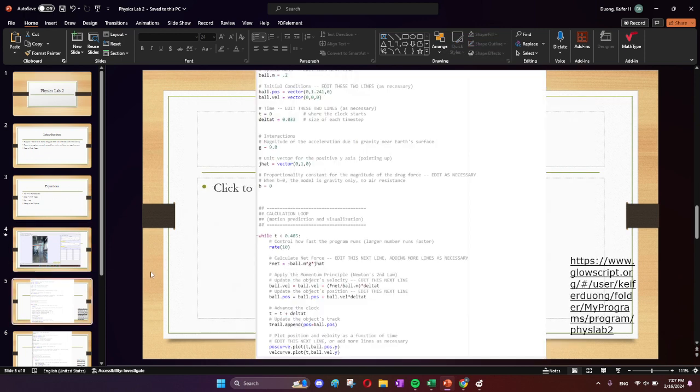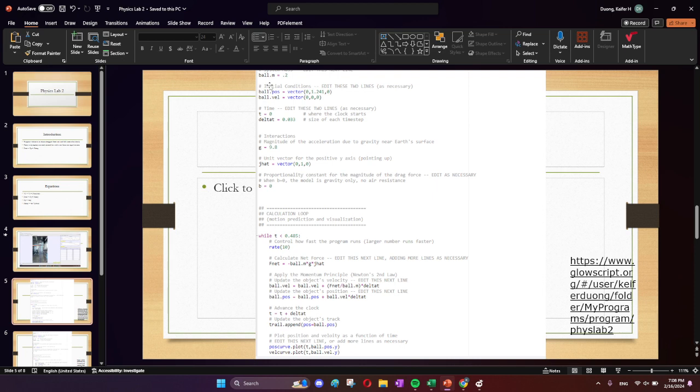So this is the code I used to calculate the data with gravity, and so I inputted ball.m and set that equal to 0.2. I updated the delta t to 0.033, added the gravity, which is 9.8 meters a second squared. I updated the t to put the data point where it is equal to 0.